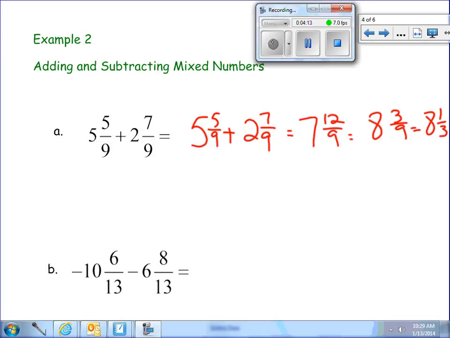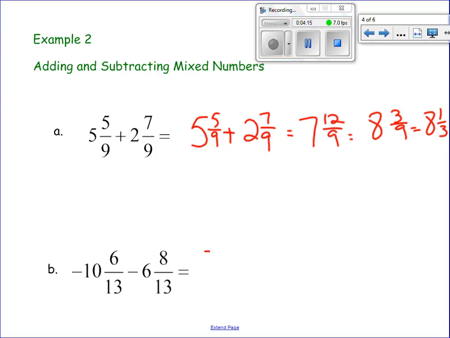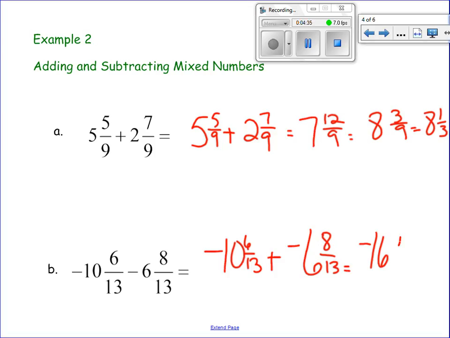In B, negative 10 and 6 over 13. Add the opposite. Negative 10 plus negative 6, negative 16. 6 plus 8 is 14 over 13.